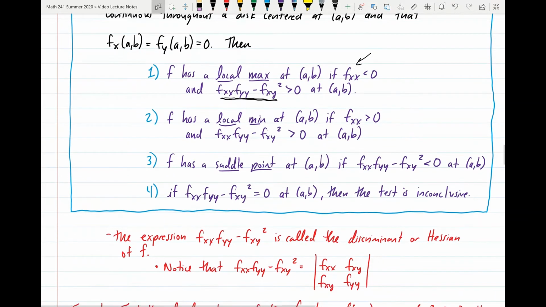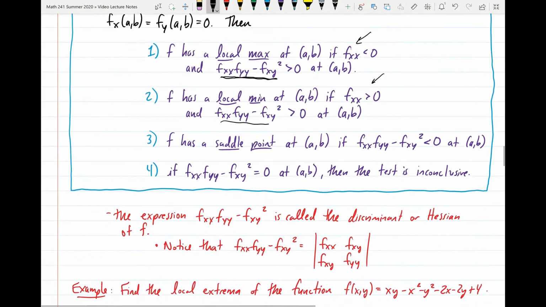Likewise, f has a local minimum at the point (a, b) if f sub xx is greater than 0, as opposed to less than 0 for the local max, and f sub xx times f sub yy minus f sub xy squared is greater than 0 at the point (a, b). So when we evaluate this expression at the point (a, b), we get something greater than 0.